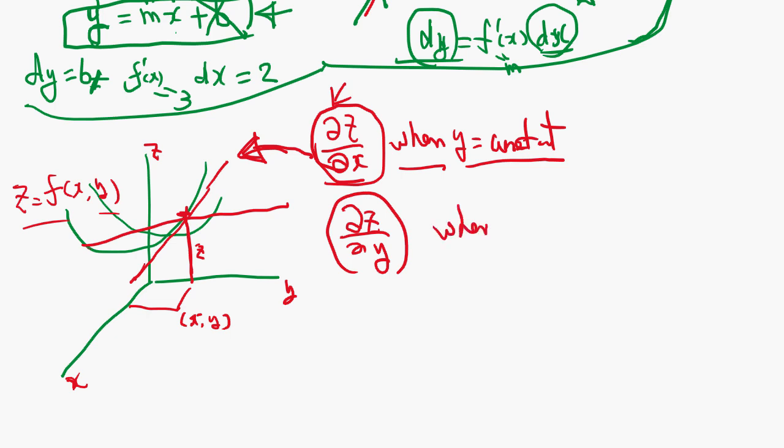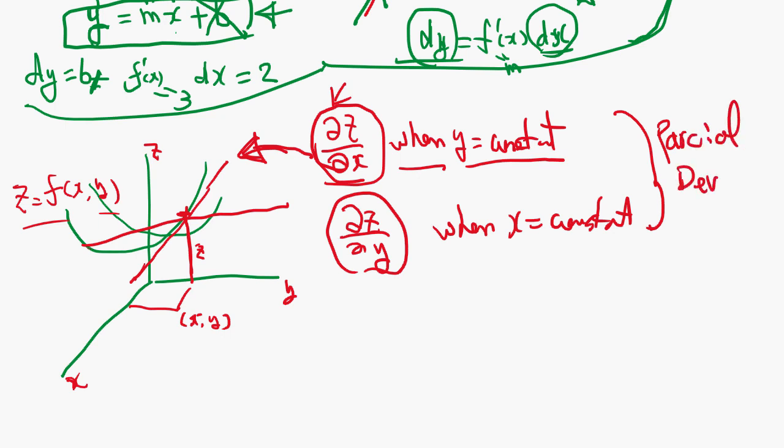When x is constant, since it's multivariable, we have two different partial derivative functions.